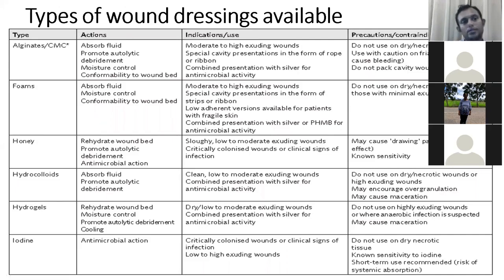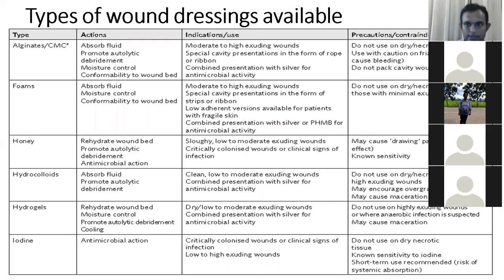So you just categorize it yourself. You just think about these things. Say whether it's an alginate. So what does it do? It can absorb fluid, and it does promote debridement, because it absorbs fluid and forms a gel on top of the wound.